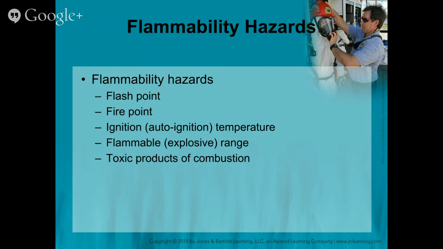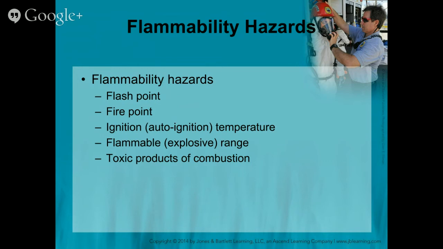Auto ignition is where it rises to a temperature where a product, or a chemical, will auto ignite on its own. So if we have a tank car filled with certain flammable liquids and it's heated up to a certain range, it doesn't even need a spark. It will just explode or burst into flames.